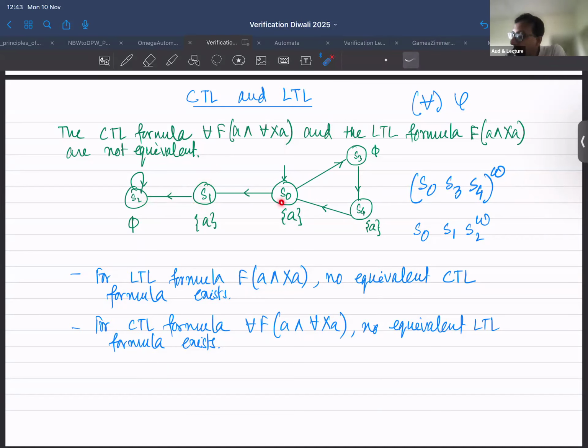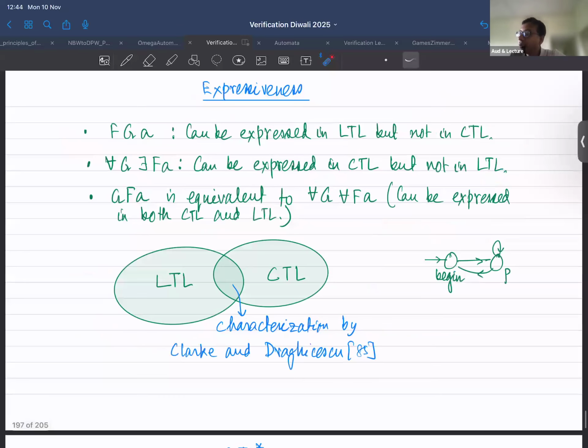So eventually A and for all paths next A. Of course, here you have A satisfied, but for all paths here you don't have A being satisfied, you have not A. So indeed, this particular path doesn't satisfy this formula. Clear? Okay. So again, we don't have a corresponding CTL formula.